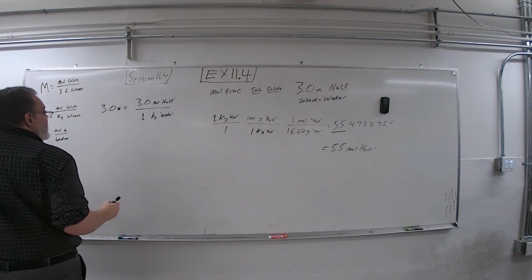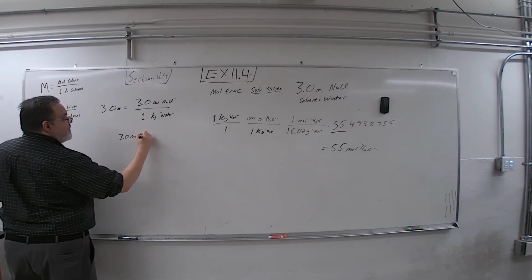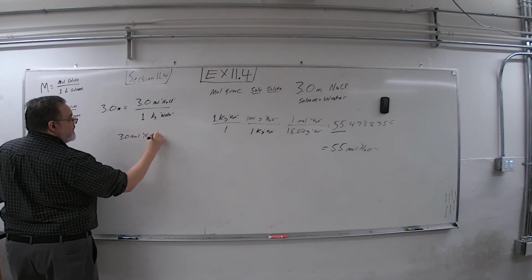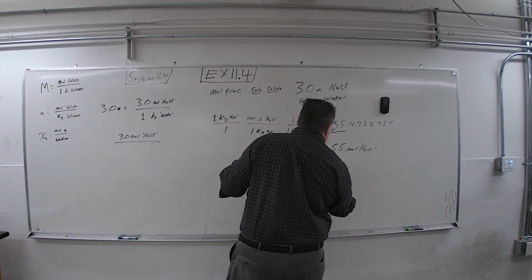All right, so the mole fractions are 3.0 moles of NaCl, and we have to add these together.